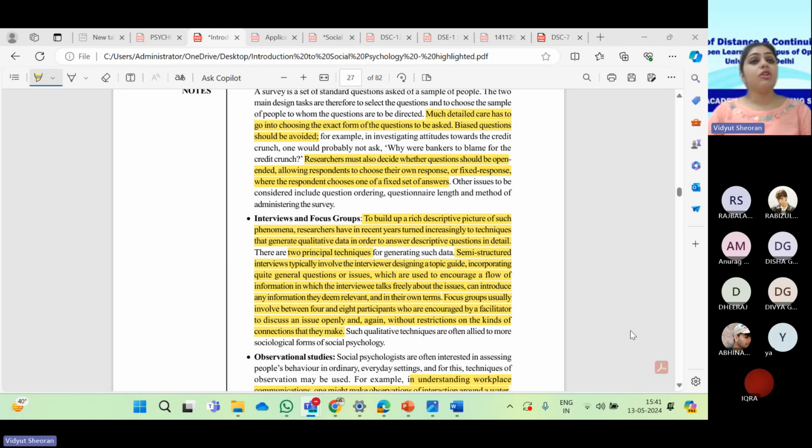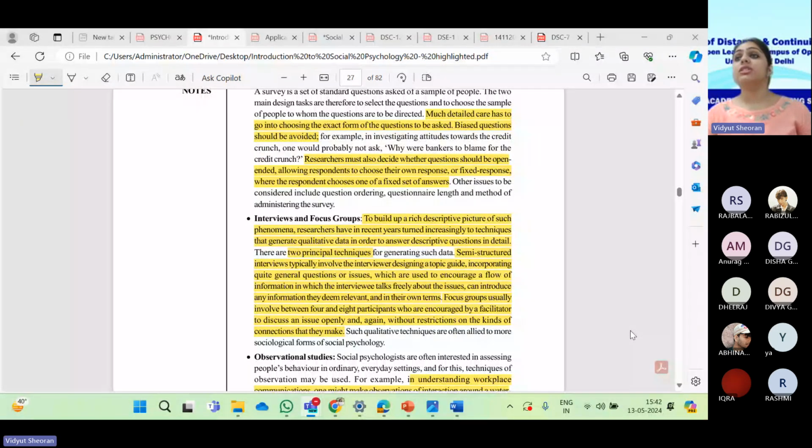So interviews can be of 3 types: structured, unstructured, and semi-structured. So in unstructured, there is no such pre-planned sequencing of questions made, that which question has to be asked when. That is in structured. Whereas in semi-structured, the interview guide is prepared. Interview guide is what?